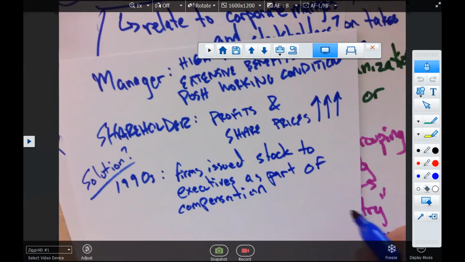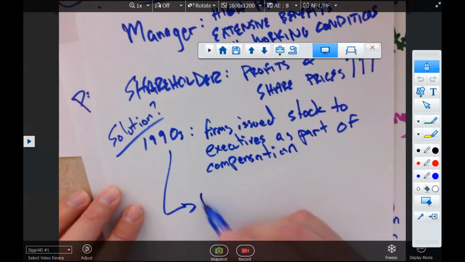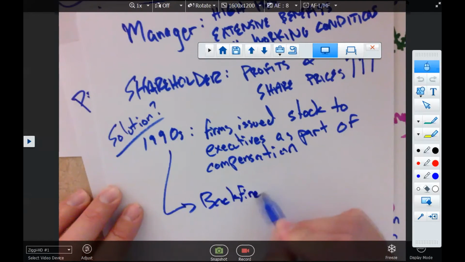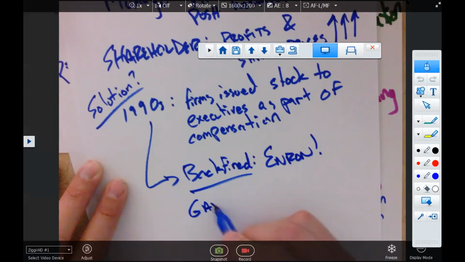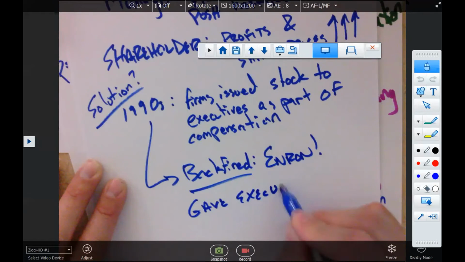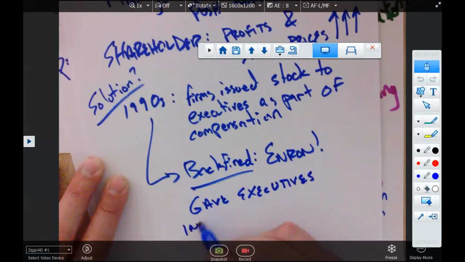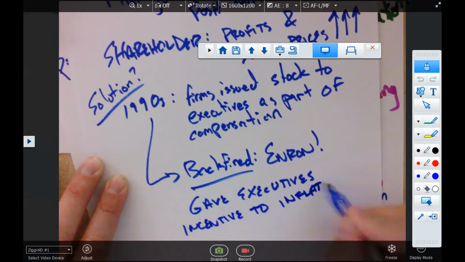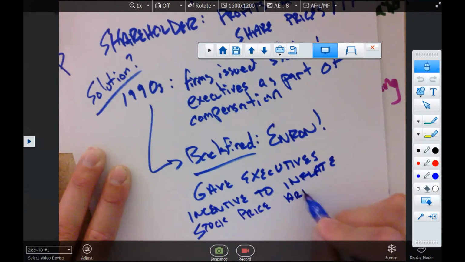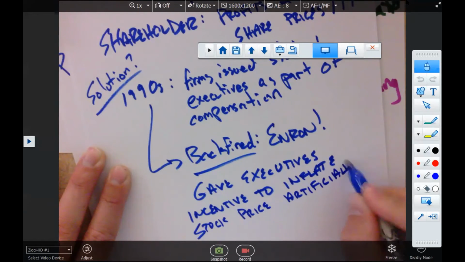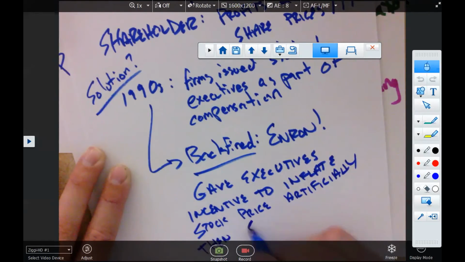But it backfired because it gave executives the incentive to inflate the stock price, then sell before anyone noticed.